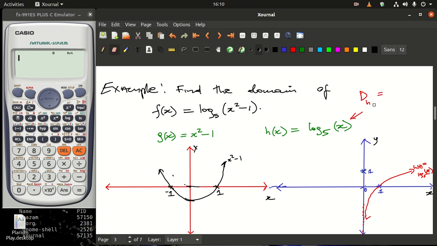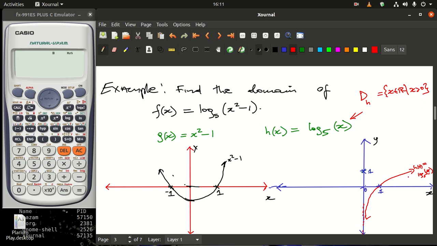I can just say h, x is an element of real numbers such that x is only going to take values that are above 0. It cannot take any value that is negative. It can also not take 0 because this function is not going to touch 0. So as long as we have x is greater than 0, we are fine with the domain of that function.